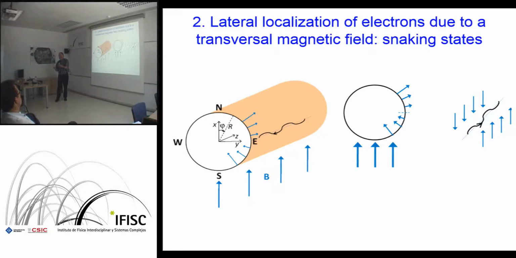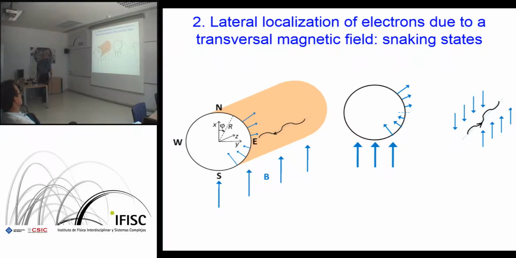You can even show in the Hamiltonian that this is equivalent approximately to a parabolic or quantum well. So you have the electron trajectory bound along a line which corresponds to the vanishing magnetic field.